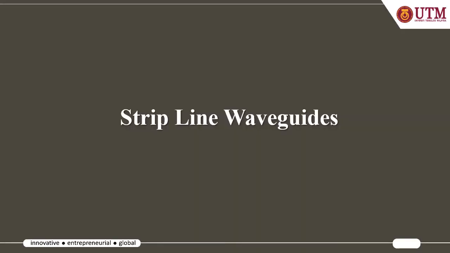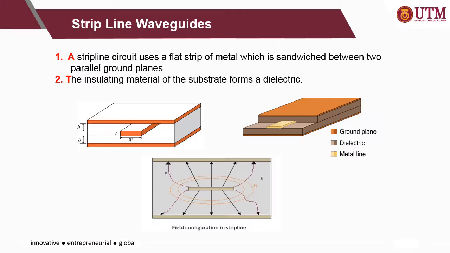Okay, next is the strip line waveguide. Look at the difference between the microstrip line and the strip line waveguide. The strip line waveguide uses a flat strip of metal which is sandwiched between two parallel ground planes. The insulating material of the substrate forms a dielectric.